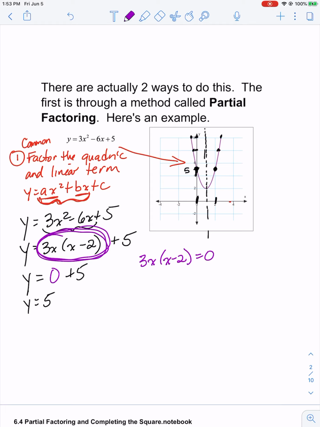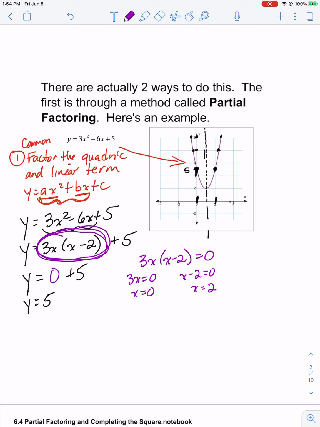That partially factored part is going to equal 0 when 3x equals 0, which means x equals 0. And it's going to equal 0 when x minus 2 equals 0, or when x equals 2. So these aren't the zeros of the parabola, but they are the zeros of the partially factored part. Then we do what we did before. We average those.